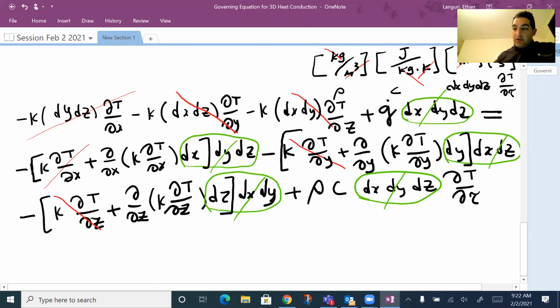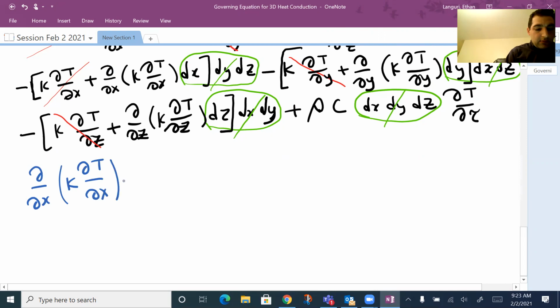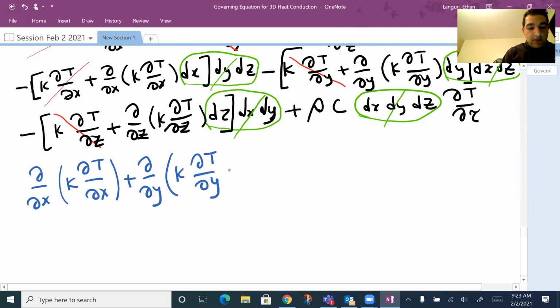And we also have a heat generation term. We're going to keep it over there. So this is going to be our final form. Let's see what we get. So I will have del over del x, k del T over del x, plus del over del y, k del T over del y, plus del over del z, k del T over del z.